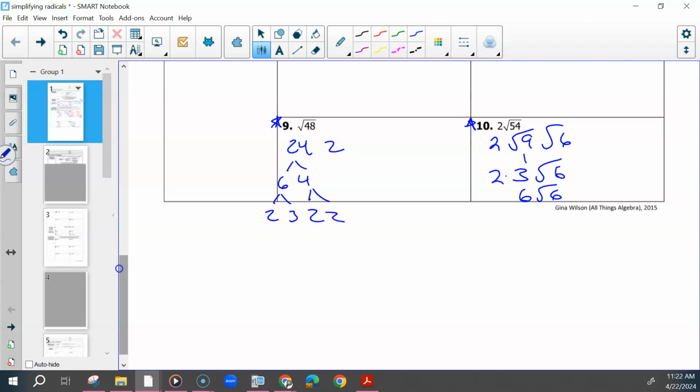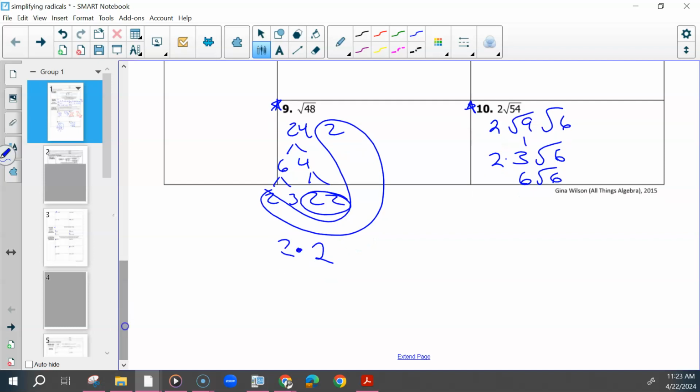And then every time you see a pair of the same number, so here I have a pair, here I have a pair. So I have 2 pairs of 2s. So this would be 1 pair of 2s, and the other pair of 2s. And then that 3 by itself would stay inside.